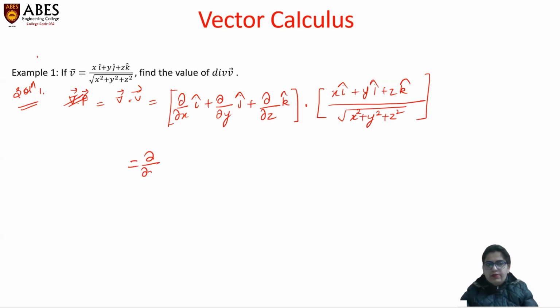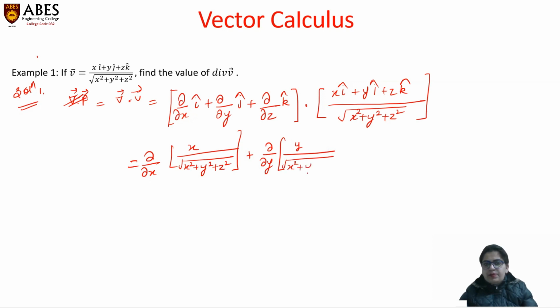It will be del over del x of x upon root of x square plus y square plus z square, plus del over del y, again the y component, that is y upon root of x square plus y square plus z square, and the z component, it will be z upon root of x square plus y square plus z square.